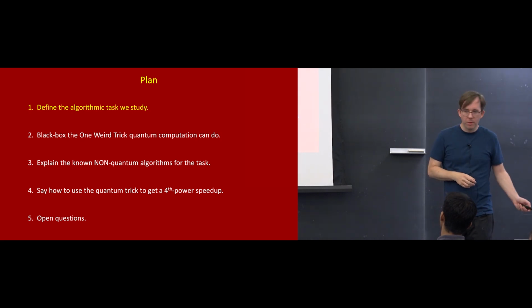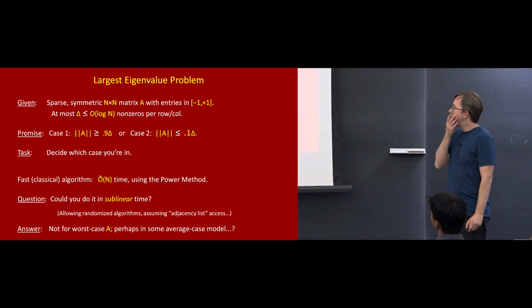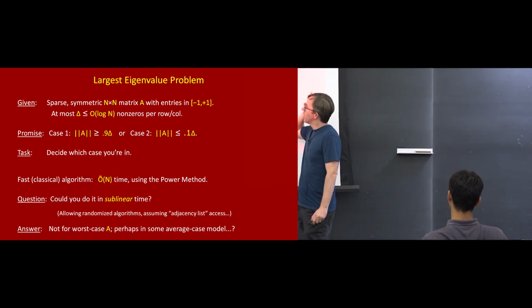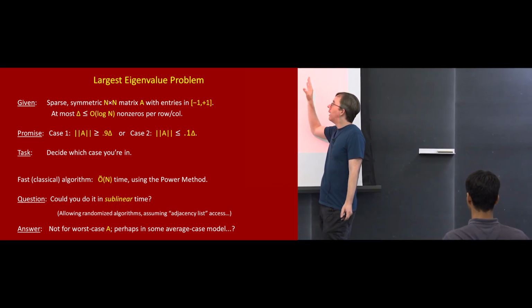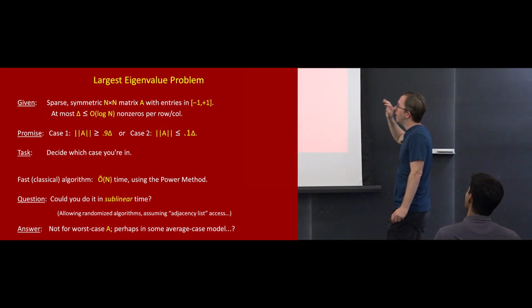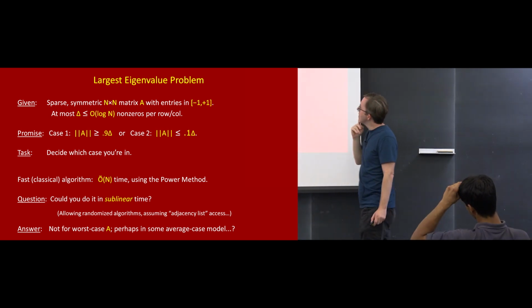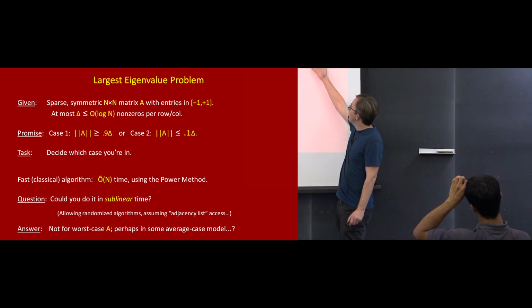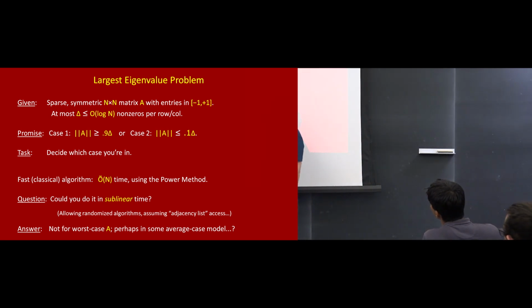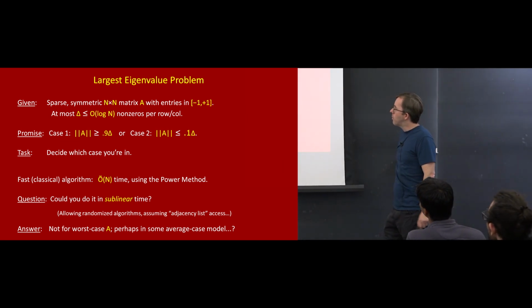Okay, so now I'll talk a little bit about quantum and the black box we need. Let me start, before I get to quantum, by telling you about another classical algorithms problem, which I'll call the largest eigenvalue problem. In this problem, you're given a symmetric matrix A. Let's say it's an n by n matrix. And let's assume its entries are between -1 and 1, or they could just be plus or minus 1. And let's also assume it's sparse, let's say its maximum degree is a big constant, or at most logarithmic.